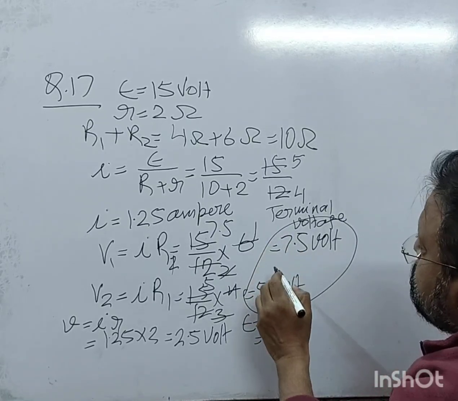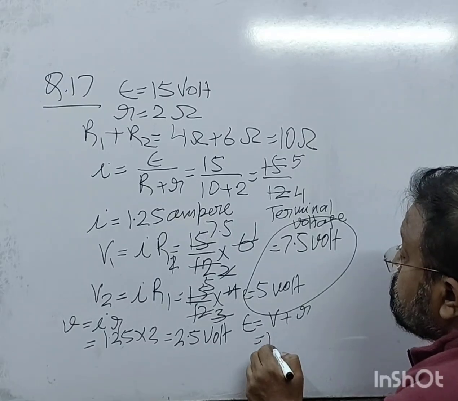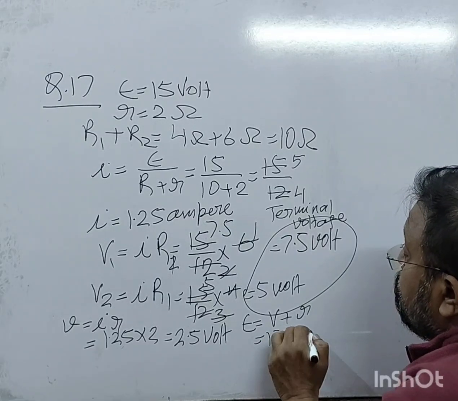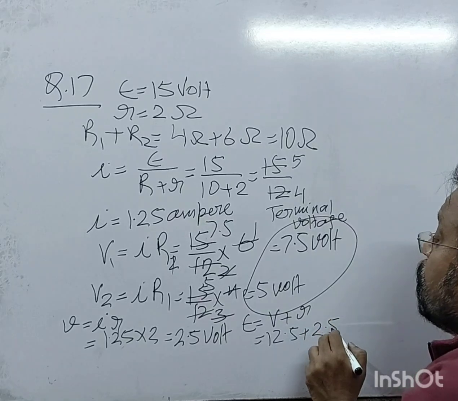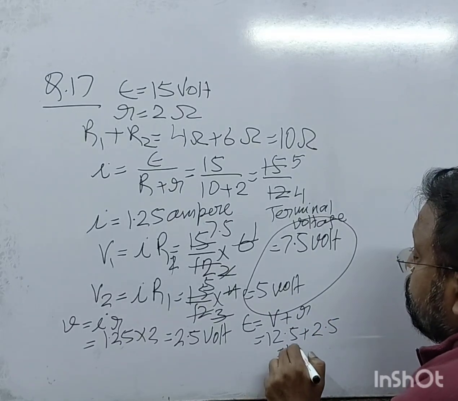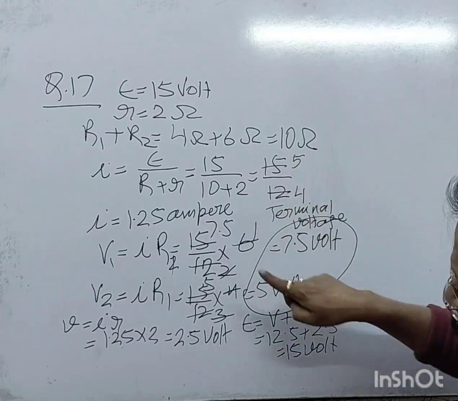So this is 5 plus 7.5 becomes 12.5 plus internal resistance 2.5. So it is 15 volt. Is it correct? Yes, it means it is correct, right?